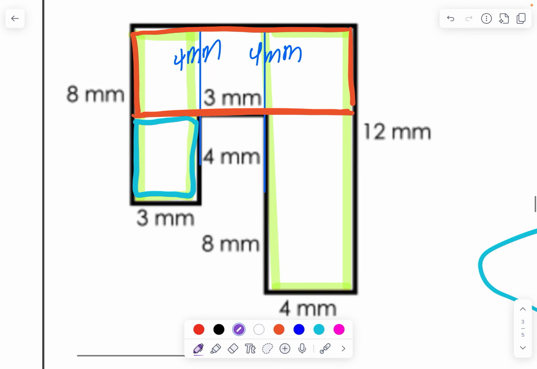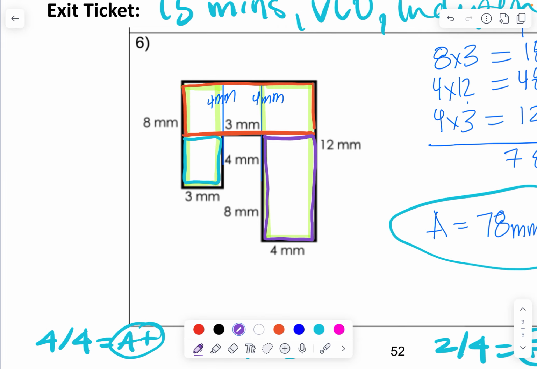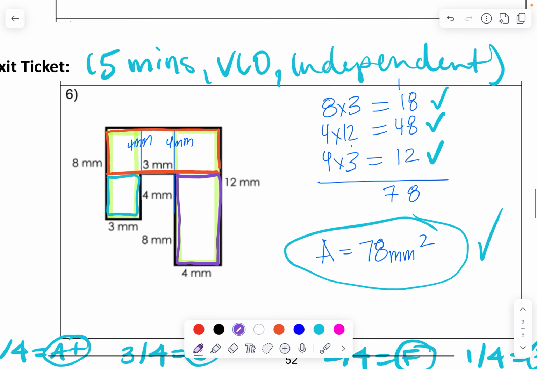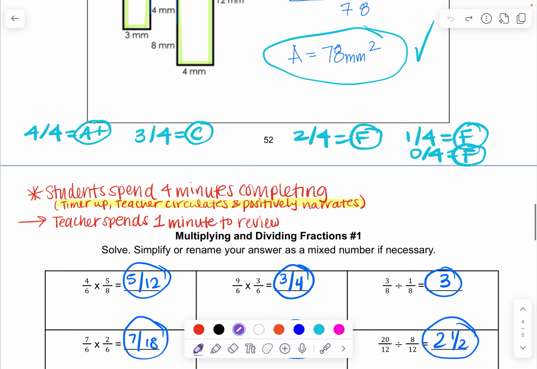And then we would have shape 3 in purple. So there's essentially 2 different ways to decompose. However, adding up all 3 of those parts will get you to a total area of 78 millimeters squared. So we want to make sure that students have 3 parts that they're adding together and that they get a final answer of 78 millimeters squared.